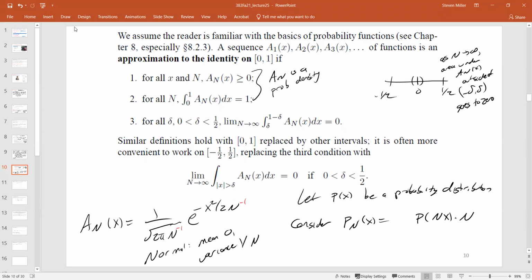What does the fact that we now have an n times x mean? Well, before, if I move in the original function P(x), if I move x over by 1 unit, that's equivalent now in P_n(x) to moving x over how much?